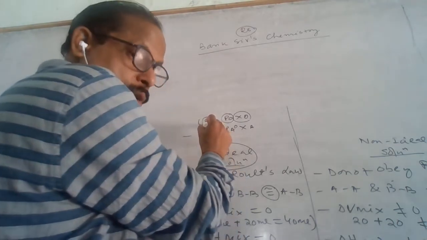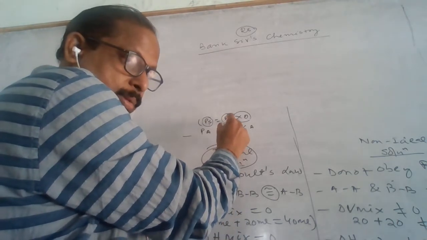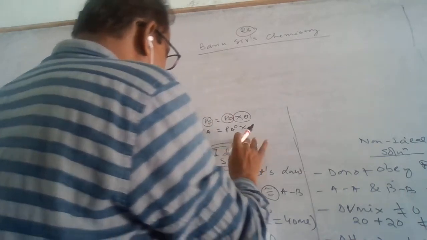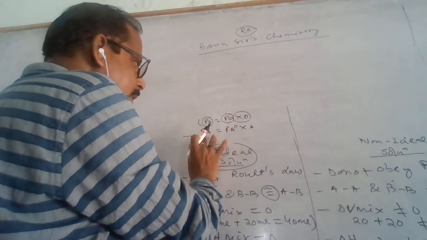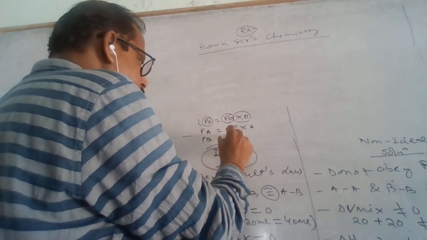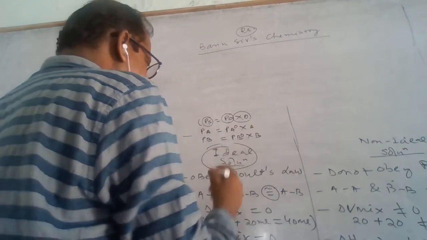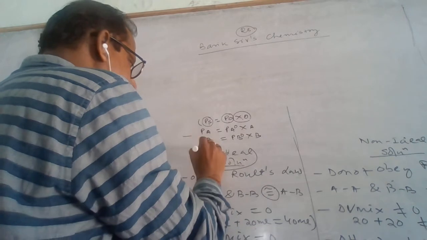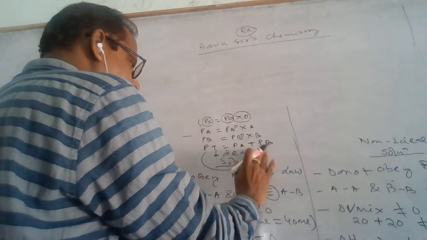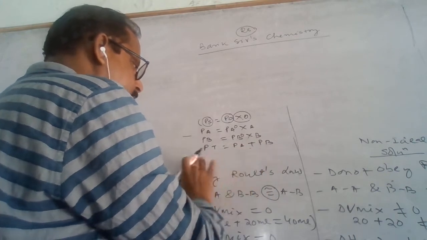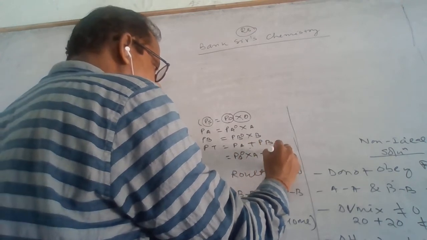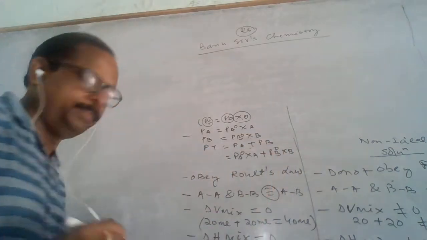Ps is the vapor pressure of the solution, P0 is the vapor pressure of the solvent, and X0 is the mole fraction of the solvent. On the basis of Raoult's law, PA is equal to PA0 XA and PB is equal to PB0 XB, and PT, the total vapor pressure, is equal to PA plus PB, or PA0 XA plus PB0 XB.